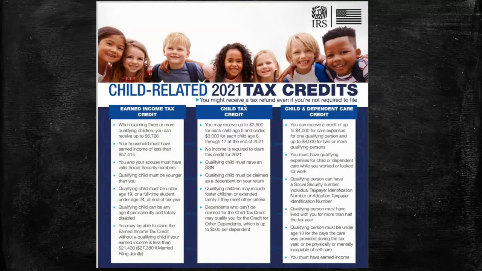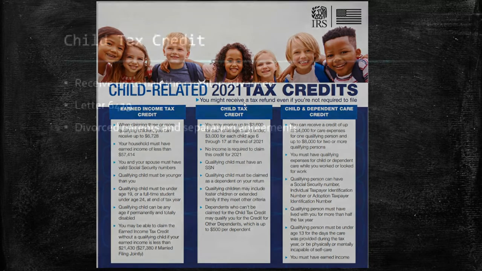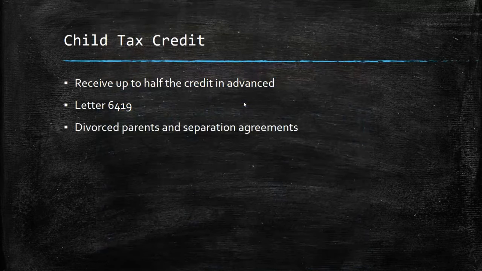The child and dependent care credit, in terms of people like those working at Davenport who have kids, probably impacts them more, especially if they're paying for daycare, which is outrageously expensive. That one was non-refundable, but now you can get a refunded portion of that credit. So these are the changes. I will talk about some of the other changes of the American Rescue Plan, but these are the ones related specifically to children.